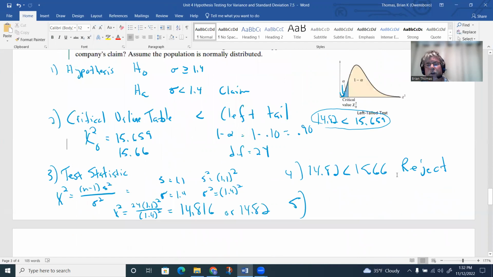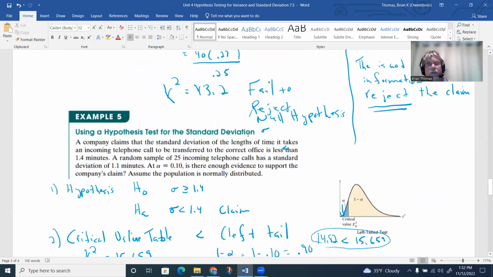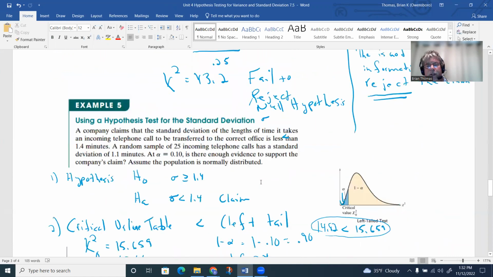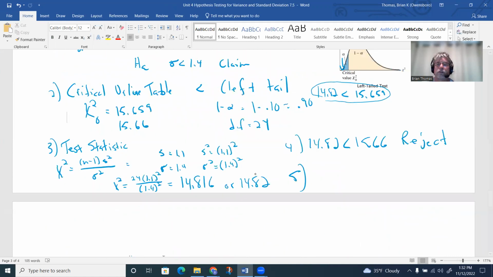So since we rejected the null hypothesis, we're in this first row up here. And since our claim was the alternative hypothesis, we should have enough information to support the claim. That's our conclusion. Since we rejected the null, it makes sense to like the alternative.